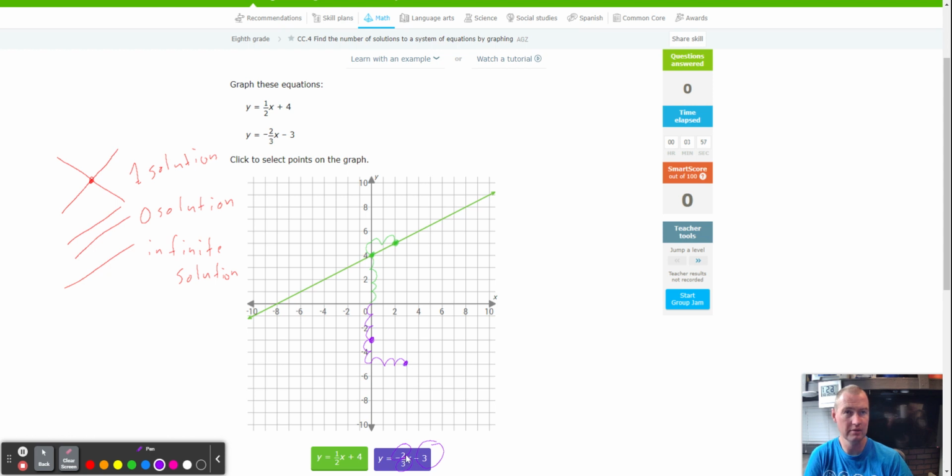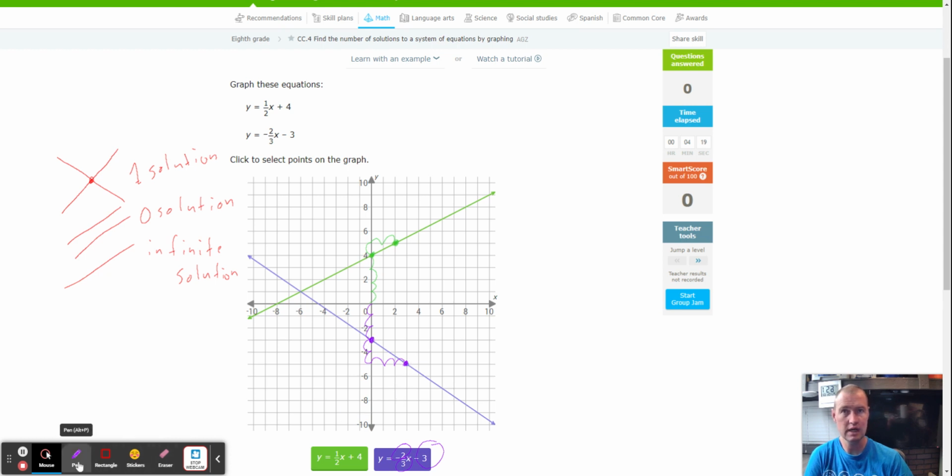So one more time on the slope. From the -3, we started right here, -1, -2, -3. Go down 2 more, which is the numerator, down 1, down 2, and to the right 3: 1, 2, 3. And once you create your 2 points, by simply selecting the points on the graph, you can go ahead and graph it.